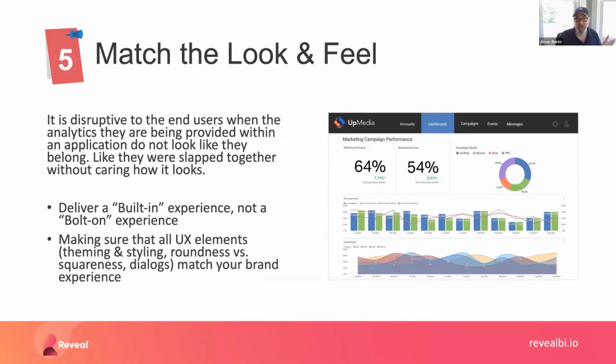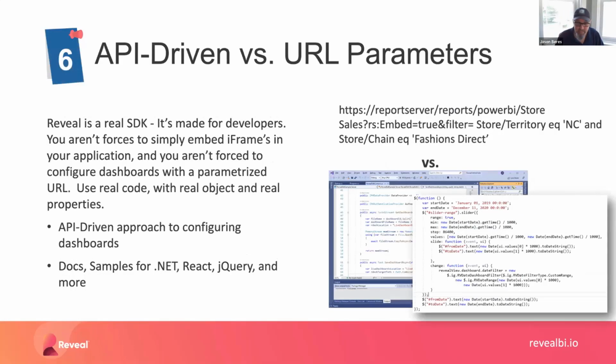You want to use different fonts, different background colors, different chart colors. Everything is customizable. So no matter what your application looks like, you can match the look and feel of Reveal to your application. Now, I will tell you, and this is an unscientific number, but maybe 30–40% of our customers love our themes so much that they just change their app to our themes. So we also let you know what our theme colors are too, in case you want to do that.